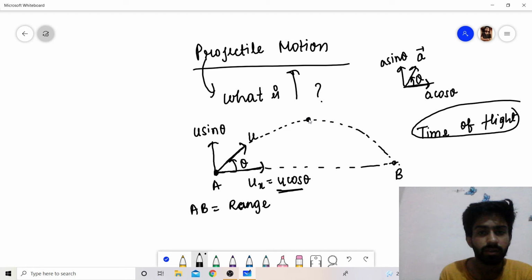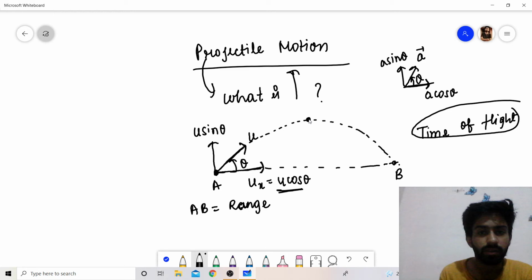If we name this point M, then AM is the maximum height.